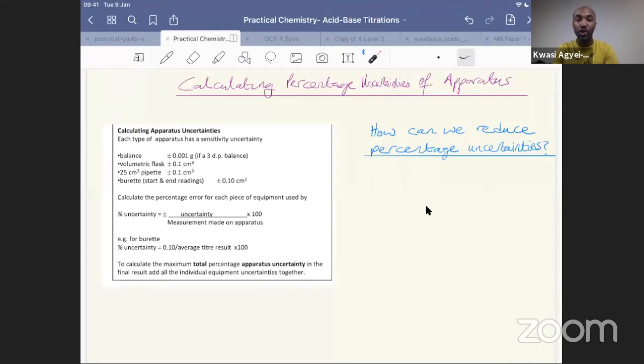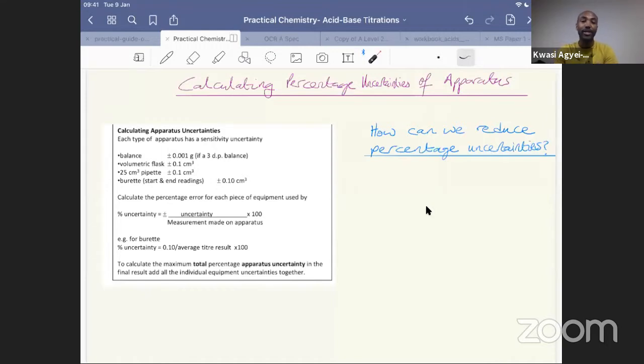So do you use a measuring cylinder versus a burette or a pipette, which have a much smaller error, whereas a measuring cylinder has a much larger error, or do you use a higher concentration of your analyte, the thing in your conical flask, so that you get a larger titer volume, which therefore increases that bottom term and again has the effect of reducing the percentage uncertainty. So these are the things you want to think about.